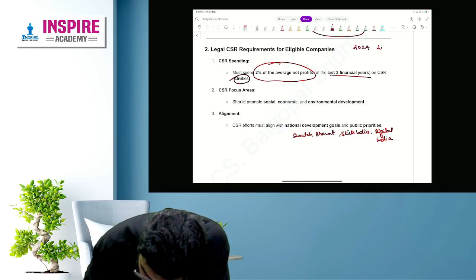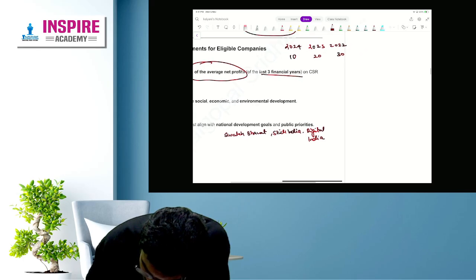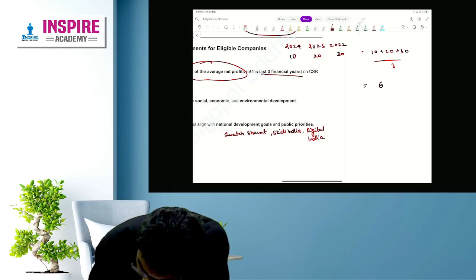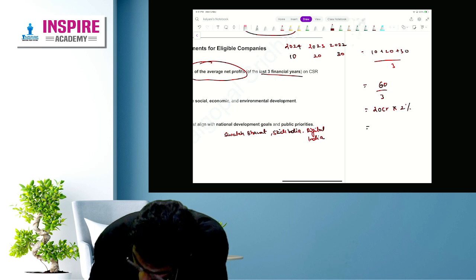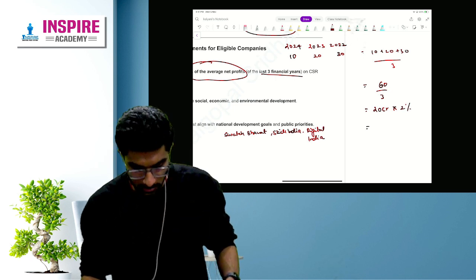Supposing 2024, 2023, 2022: 10 crores, 20 crores, 30 crores. What is the average, people? 10 plus 20 plus 30 upon 3. 10 plus 20 is 30, 30 plus 30 is 60, upon 3. So 20 crores, 2%. What is 2% of 20 crores, people?